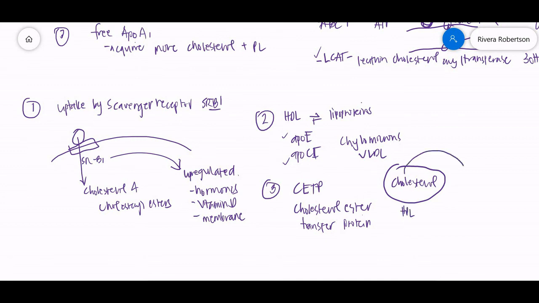So, yung cholesterol, ita-transfer niya papunta ng VLDL or VLDL remnants. In return, yung triglycerides naman na component ng VLDL or VLDL remnants, ayan, ibabalik naman or ipupunta mo doon sa HDL. So, ito yung trabaho ng cholesterol ester transfer protein.